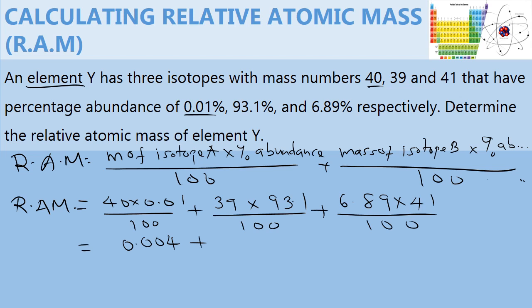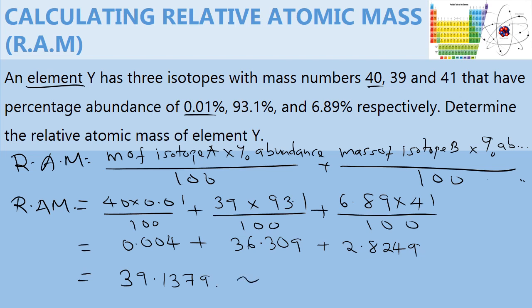This gives us 0.004 plus 36.309 plus 2.8249. When we add all this, we get 39.1379.